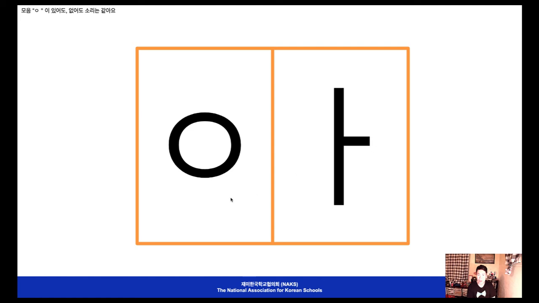A vowel can go here or on the bottom or here and the bottom together. But then there is always a vowel. Some teachers call this one a zero vowel. This is like a silent sound, but there is always something here. It's just kind of like air, if you don't see it, but we have air, right? So there is always something here to make this sound ah.